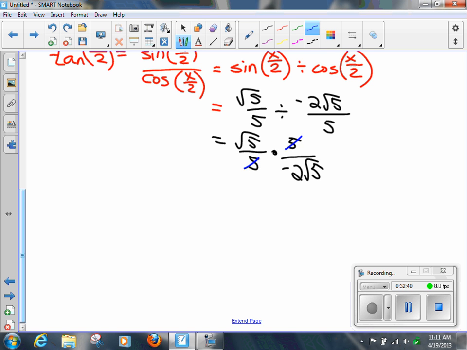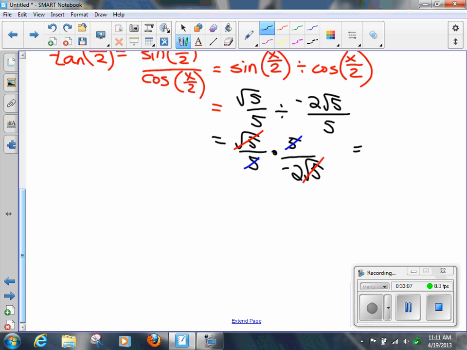Would the root 5's cancel? Yes, because they are part of a monomial. Isn't root 5 a monomial? One term? It's just treated like a variable. They're not holding hands with anybody. They're free.